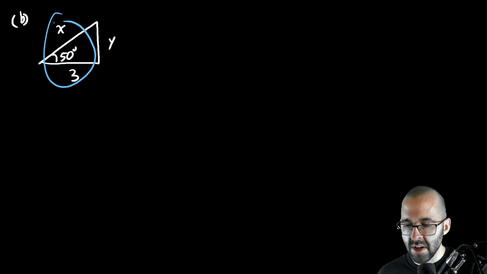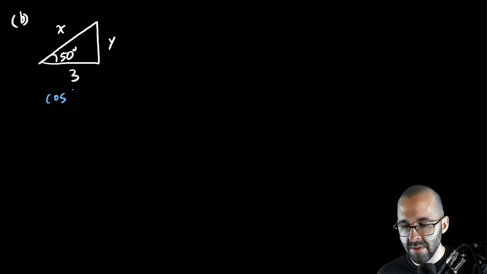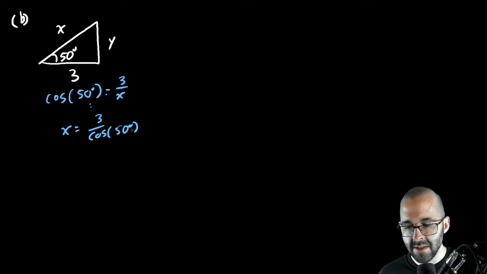So solve for x. We need to relate the adjacent side with the hypotenuse. Toa. Cosine of 50 degrees is the adjacent divided by the hypotenuse. Follow the same steps we did before to get x equals 3 divided by the cosine of 50 degrees, and then use a calculator to approximate.